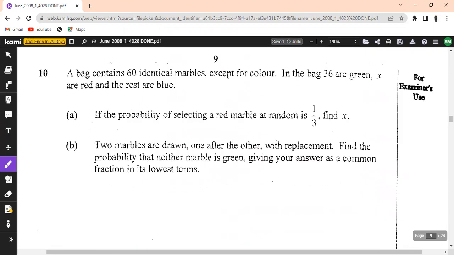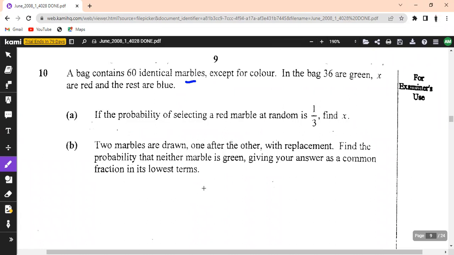Number 10. A bag contains 60 identical marbles except for color. In the bag, 36 are green, X are red and the rest are blue.